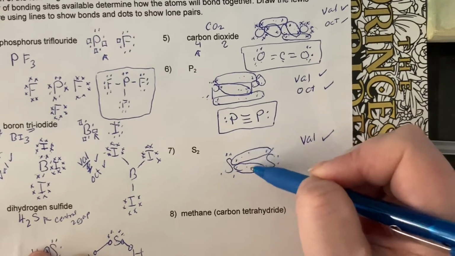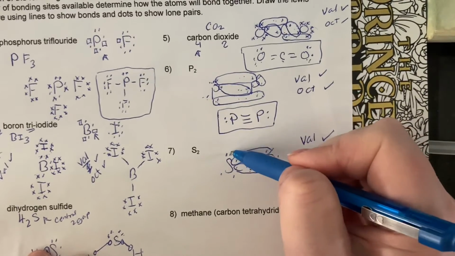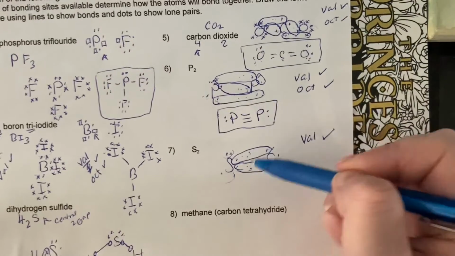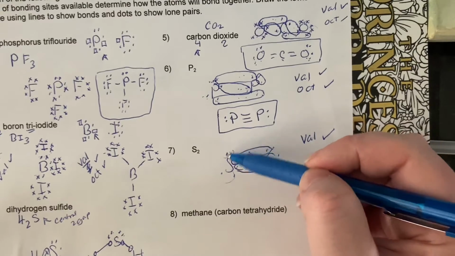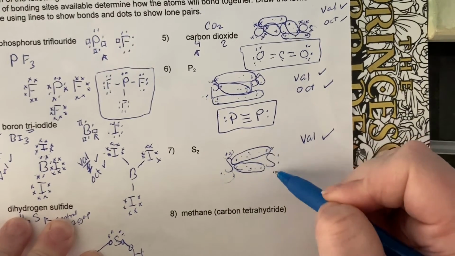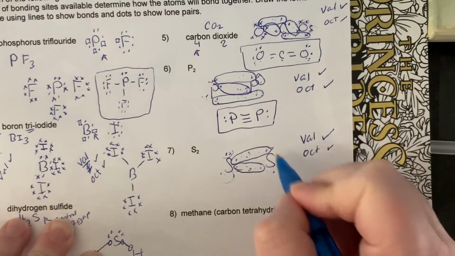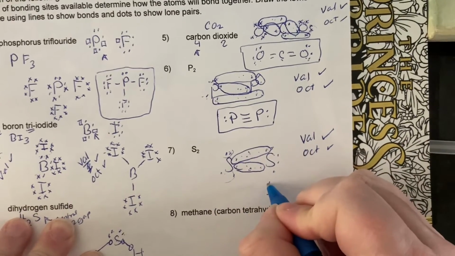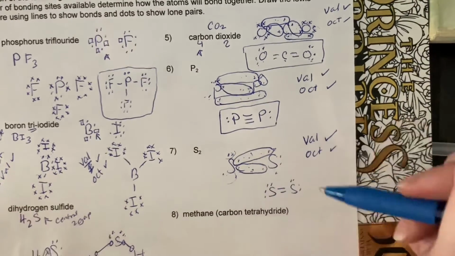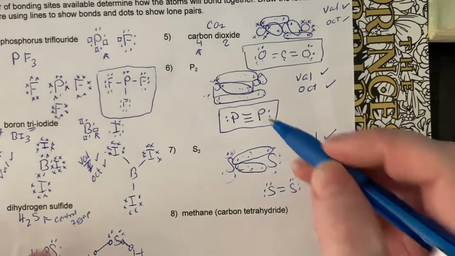So a double bond because there's 4 electrons shared. 6, 8 for the octet. 2 bonded pairs, 2 unbonded pairs. 2, 4, 6, 8. So we meet the octet. Process. Make sure you're always drawing the process. And again, sulfur looks a lot like oxygen because they're in the same group.